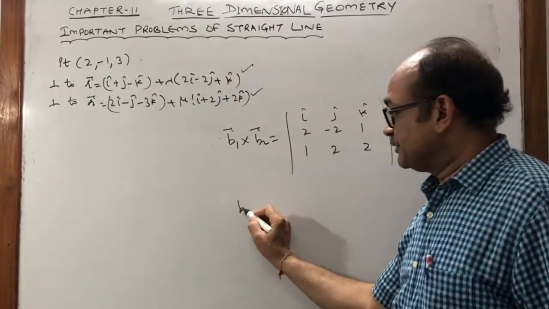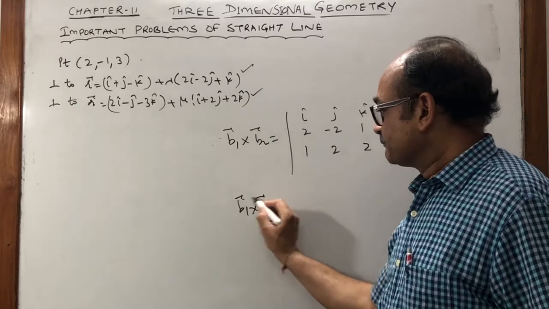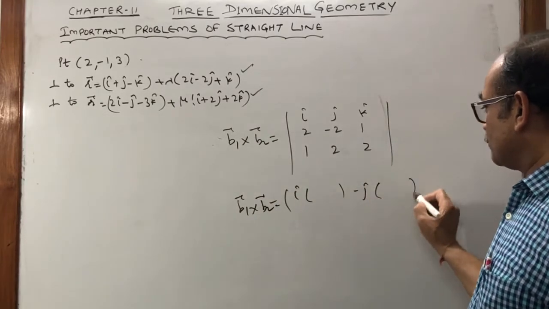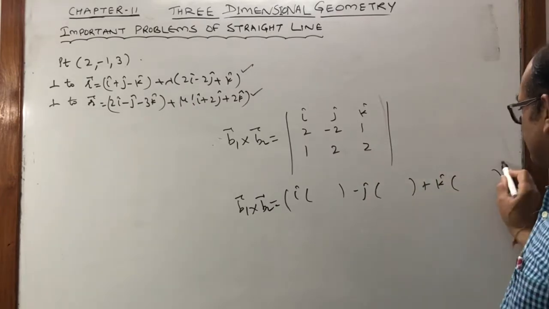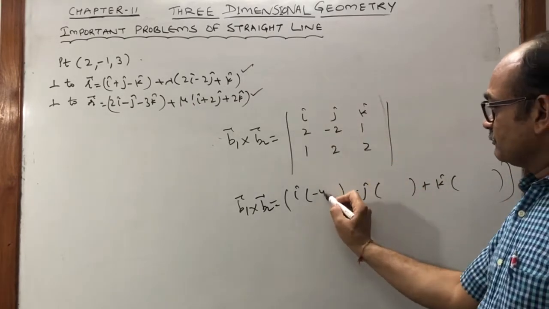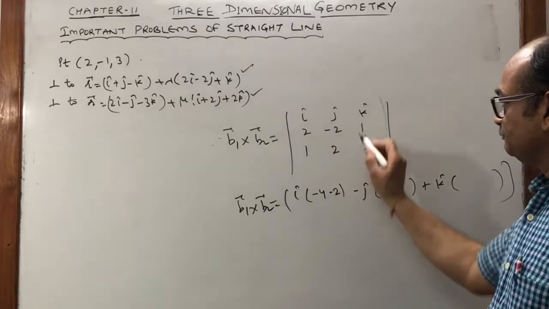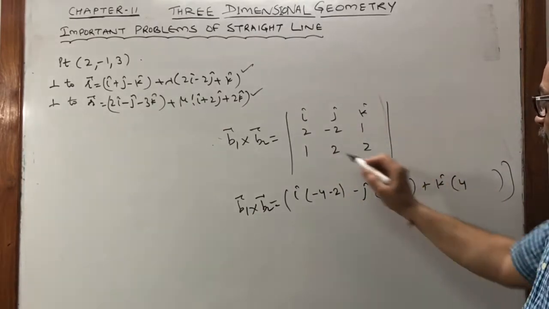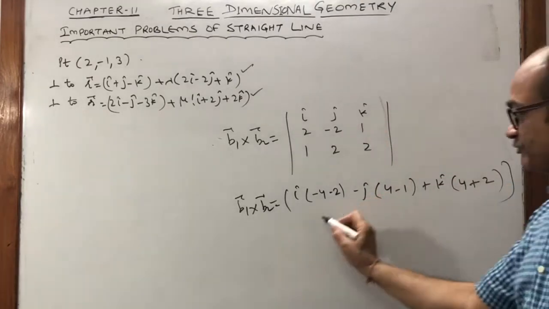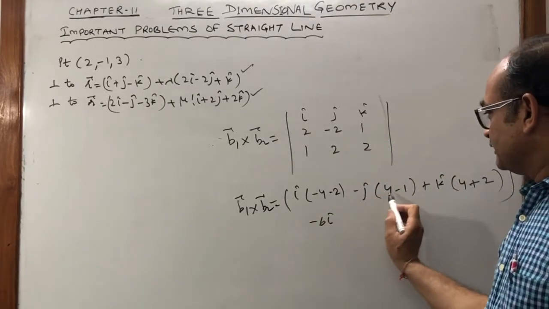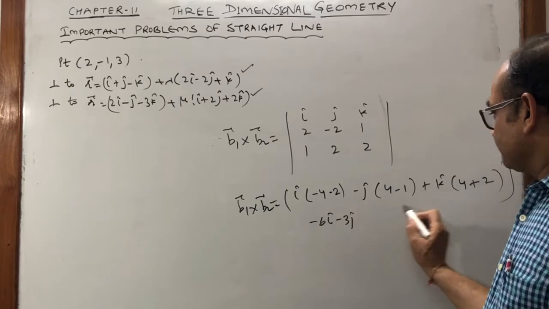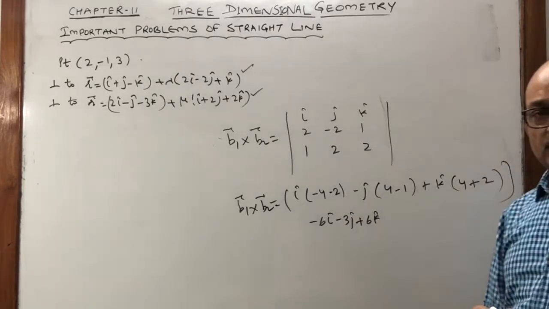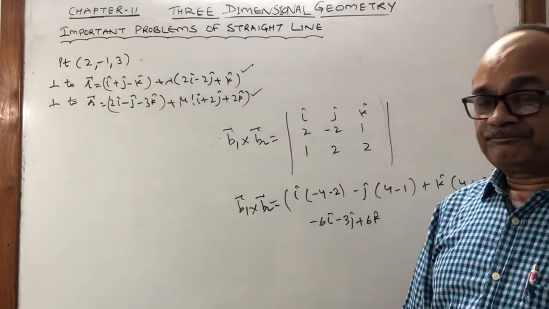Hence, b1 cross b2 is i minus j, you know from vectors we can calculate very easily: -4 - 2, 4 - 1 and 4 + 2. What are we getting? -6i - 3j + 6k. Why did we calculate b1 cross b2?